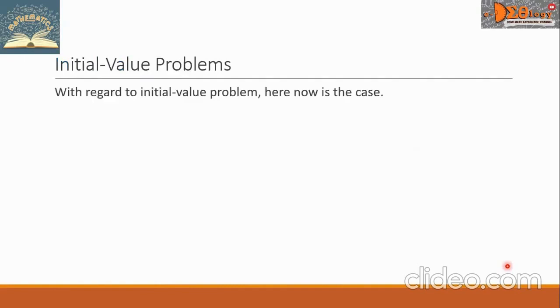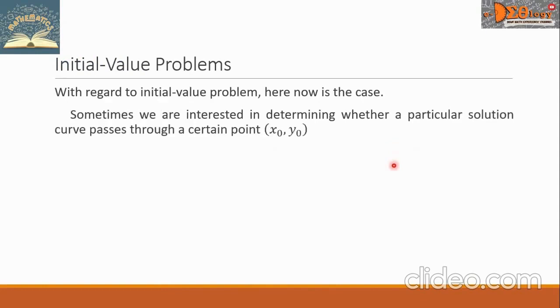Now for the initial value problems, here now is the case. Sometimes we are interested in determining whether a particular solution curve passes through a certain point x sub 0, y sub 0. That is, we are given this notation: y of x sub 0 equals y sub 0.